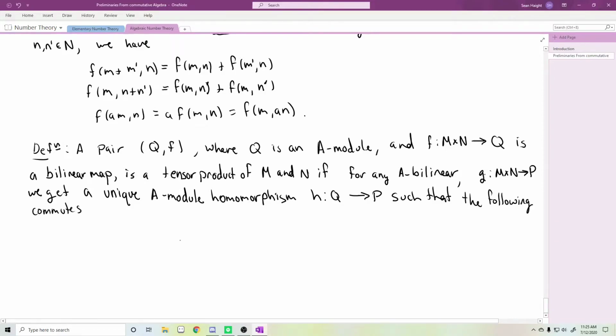Okay, so the diagram looks like this. Start with M cross N in the upper right. I have this map F, my bilinear map, into my tensor product.